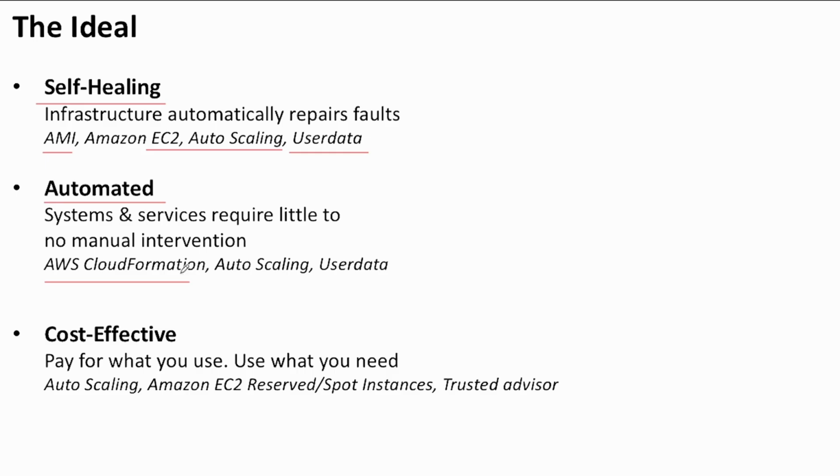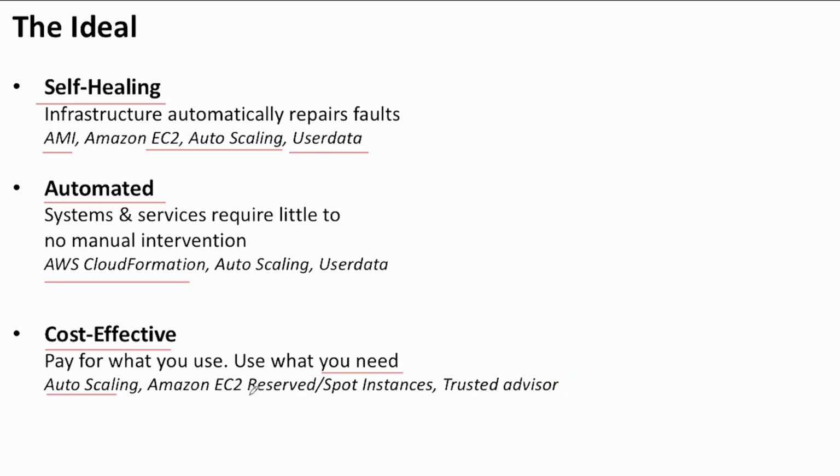And last but not least, an important aspect of an environment within Amazon Web Services is also cost effective. So we want to pay for what we use, but use what we need and no more, right? So again, auto-scaling can help. We want to scale out to meet demand, scale in to save money.